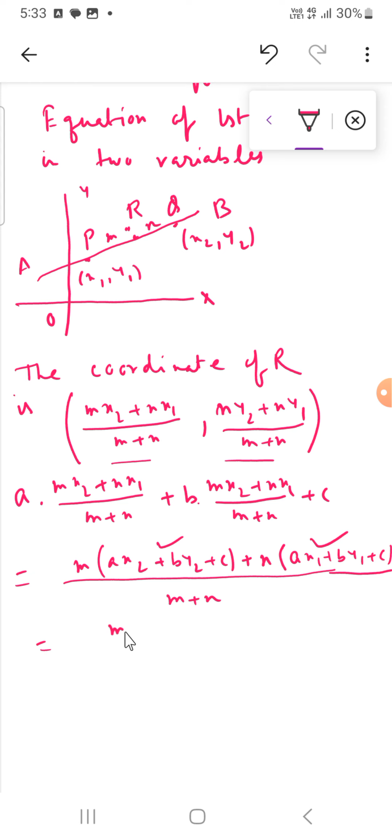So we have (m times 0 plus n times 0) by (m plus n) is equal to 0. We can see that the R point also belongs to the line AB. So any point on the line segment PQ lies on the line.